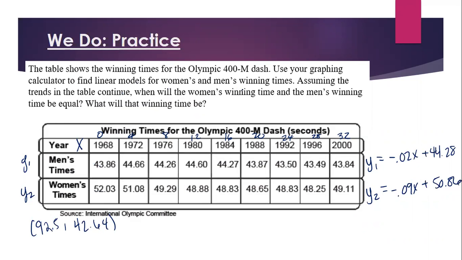So it asks, when will the women's winning time equal the men's? Well, when means I'm going to have to add 92 to 1968, right? So I have to do 1968 plus 92 and a half.